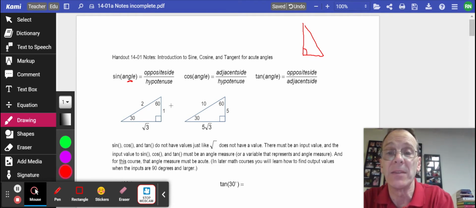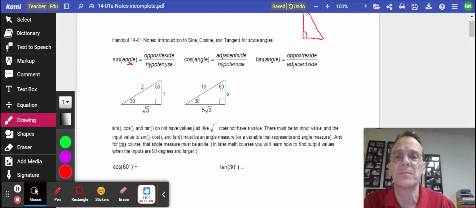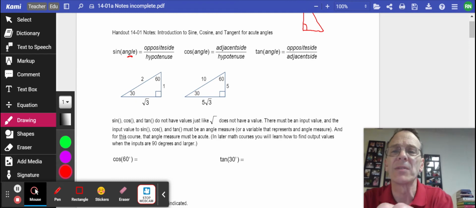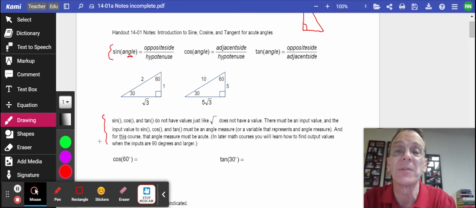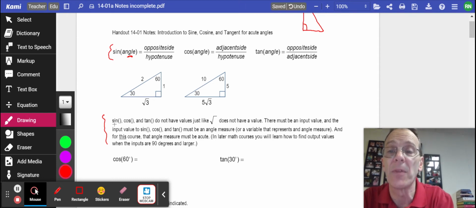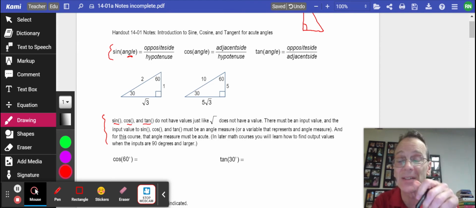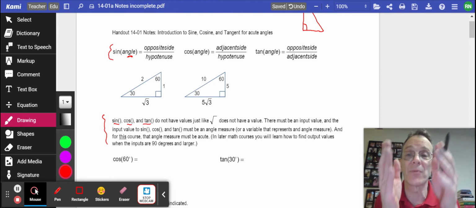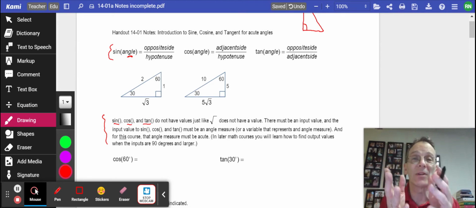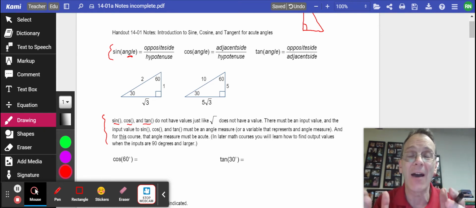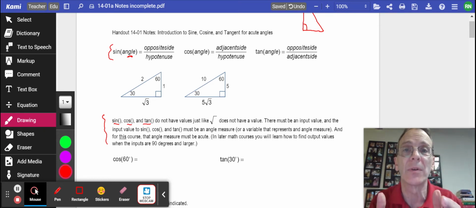Like in these triangles here, we've got some acute angles in these right triangles. I think what I ought to do is read through this stuff for emphasis here. First of all, these expressions: sine, parentheses with nothing inside, cosine, parentheses, tangent, parentheses with nothing inside. Those expressions by themselves do not have a value, okay?